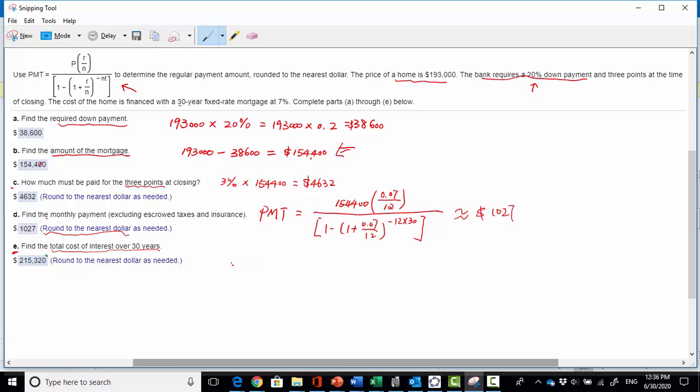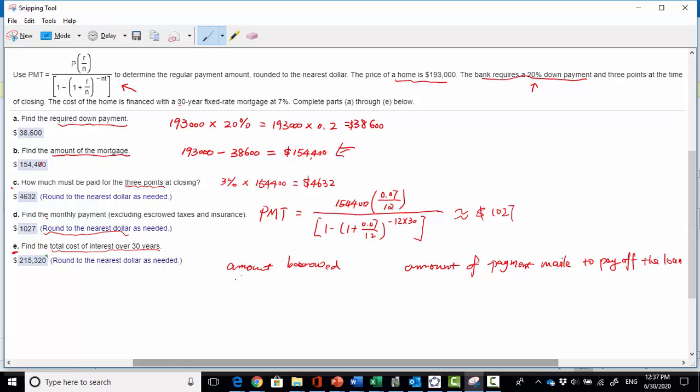So the amount of money borrowed, and the amount of payments made to pay off the loan.